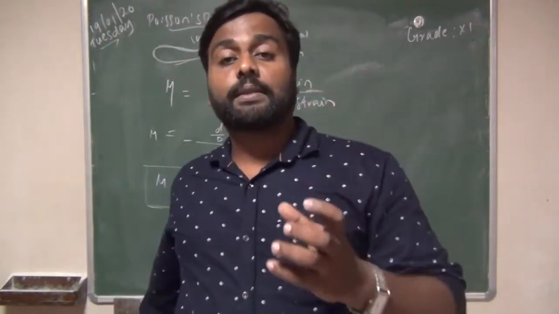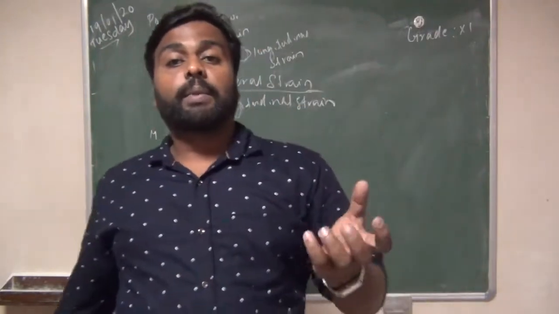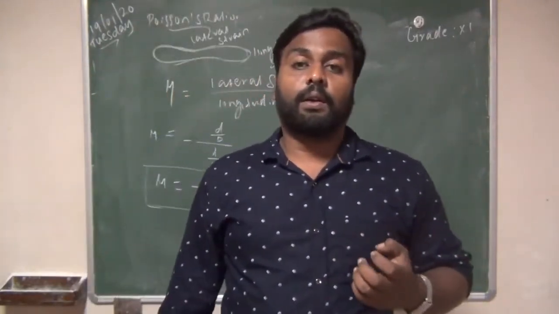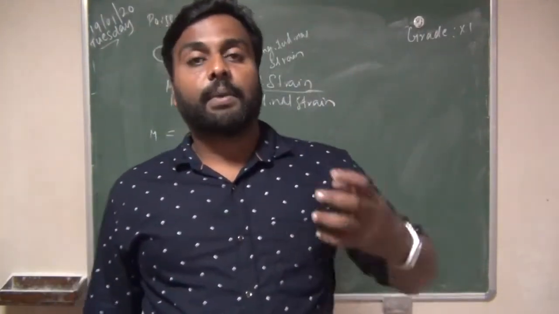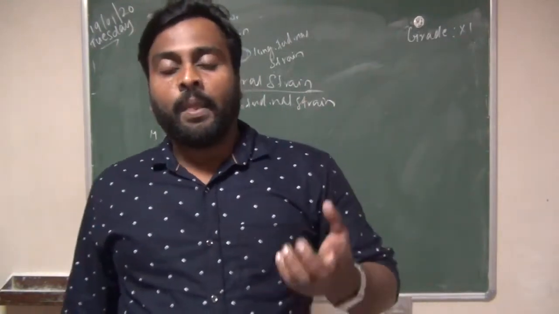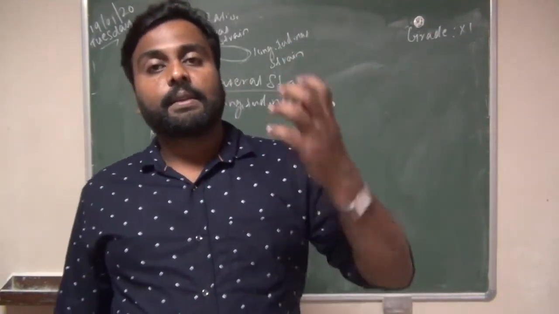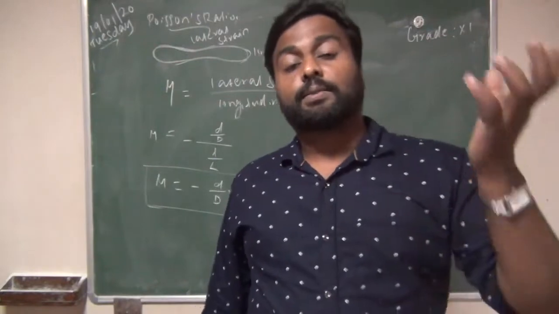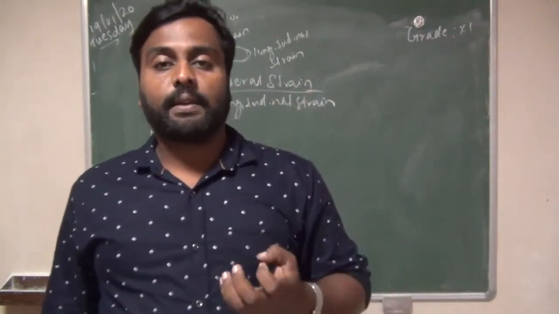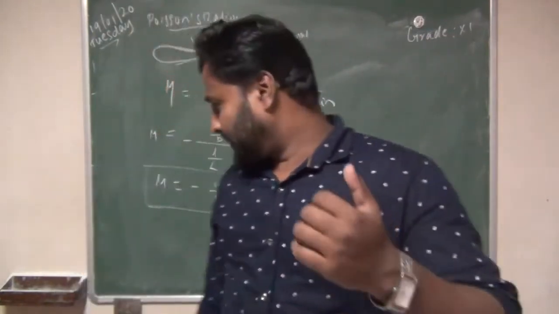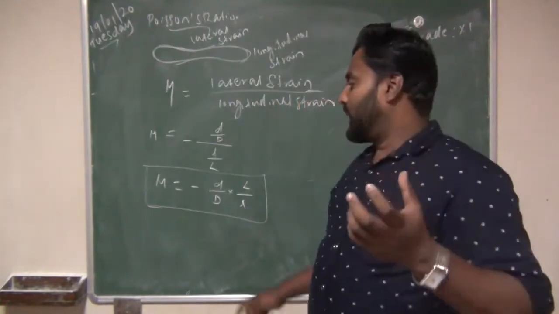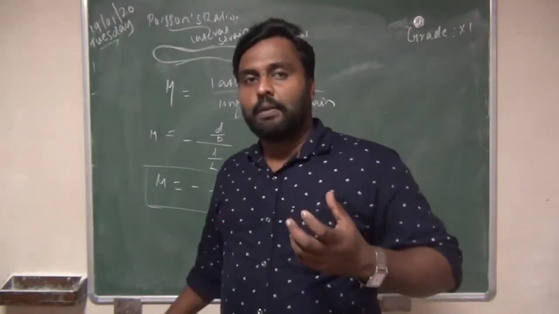Here small d means the diameter after stretching the wire, capital D means the diameter before stretching, capital L means the length before stretching, and small l means the length after stretching. Now, what is this negative symbol?